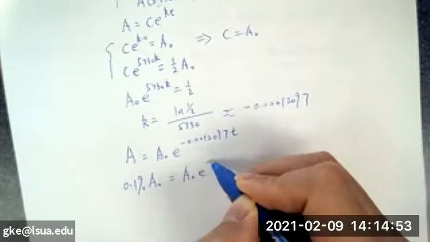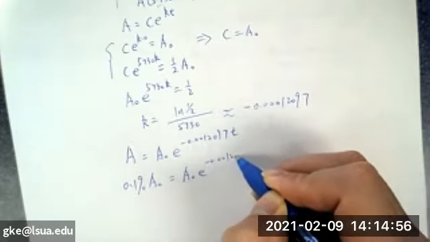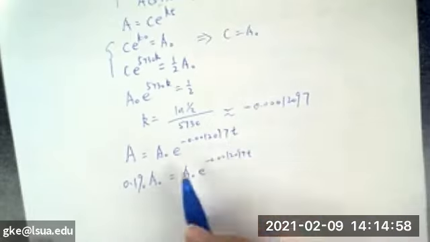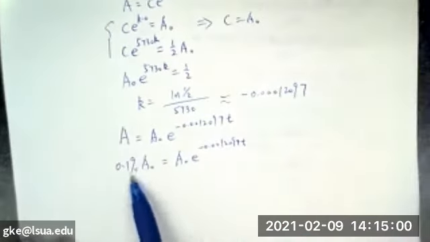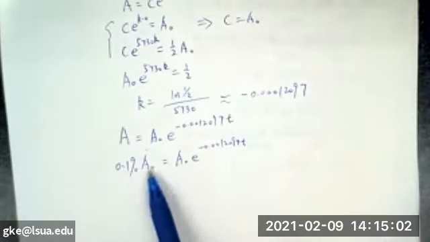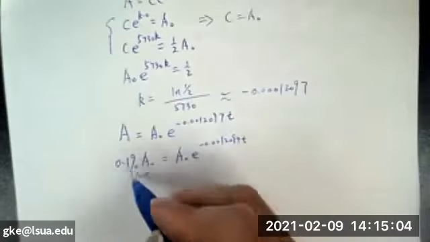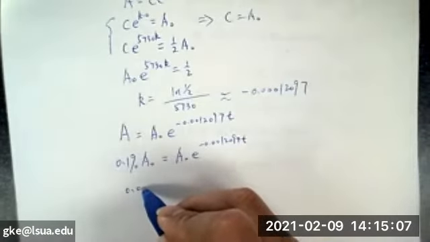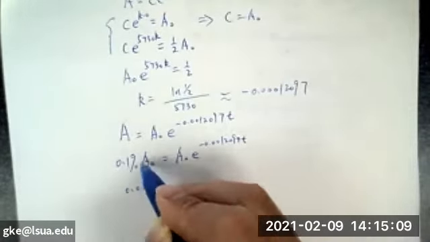So we need to find t, right? We plug in 0.1% of A0, which is 0.001.